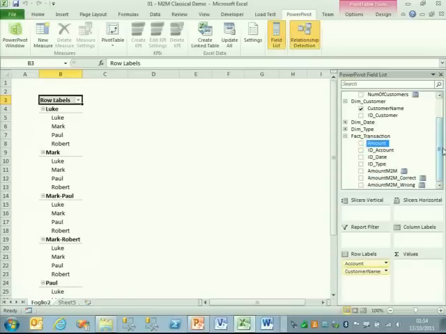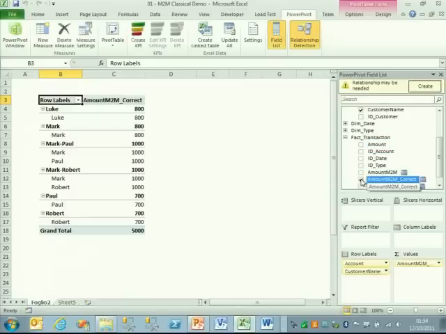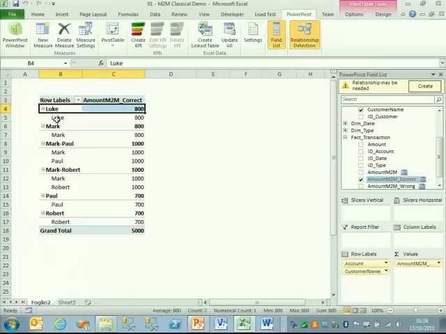In order to make it work, we need to create a new formula, a new measure. This is amount M2M corrected, because of course there is the wrong one we will discuss. Using that measure, many-to-many starts working. This is the name of the account. Mark Paul is an account.